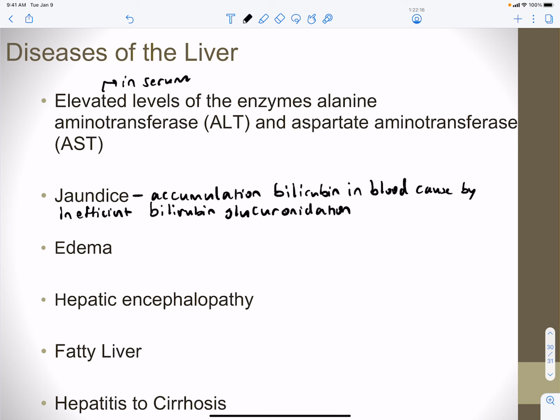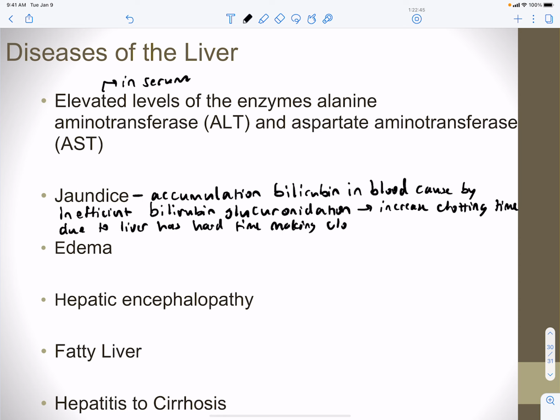And this is going to increase clotting times, which is caused by the fact that the liver just has a difficulty in making factors for secretion. Edema is going to lead to a reduction in serum albumin synthesis.